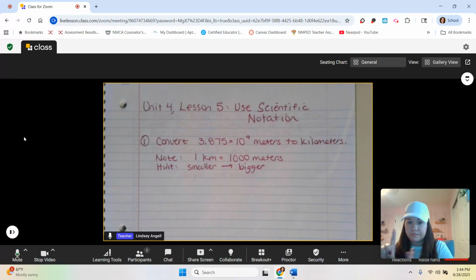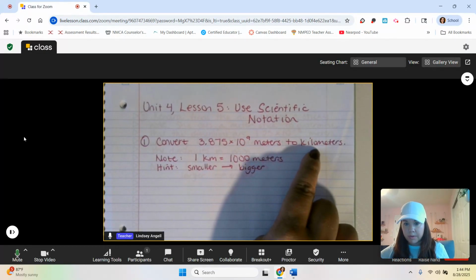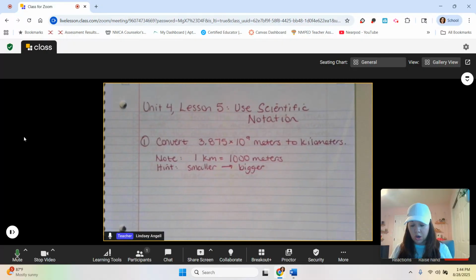In this case, we are starting with meters and going to kilometers. So it should make sense that we're going from a higher number of something to a lower number of something, because there are a whole bunch of meters inside of just 1 kilometer, right?